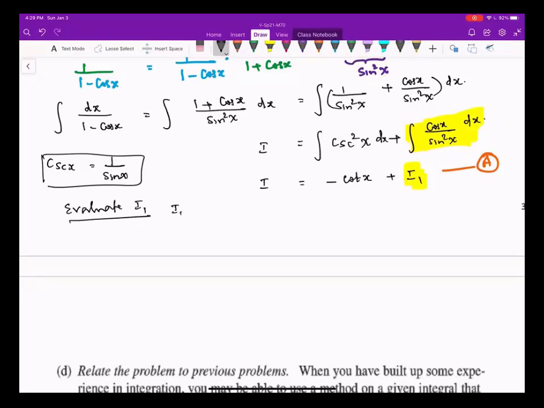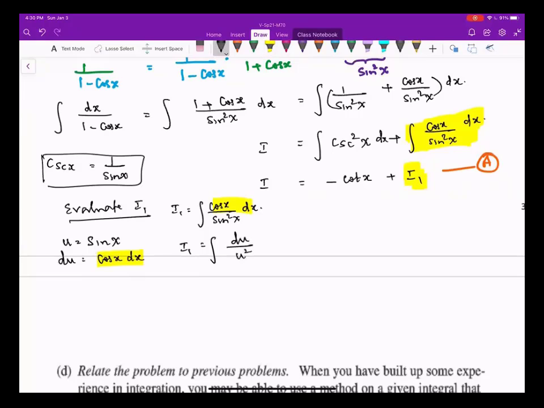I1 equals the integral of cosine x over sine squared x dx. This can be done by ordinary substitution. Let u equal sine x. Then du would be cosine x dx. For I1, the numerator is cosine x dx, which is equal to du.